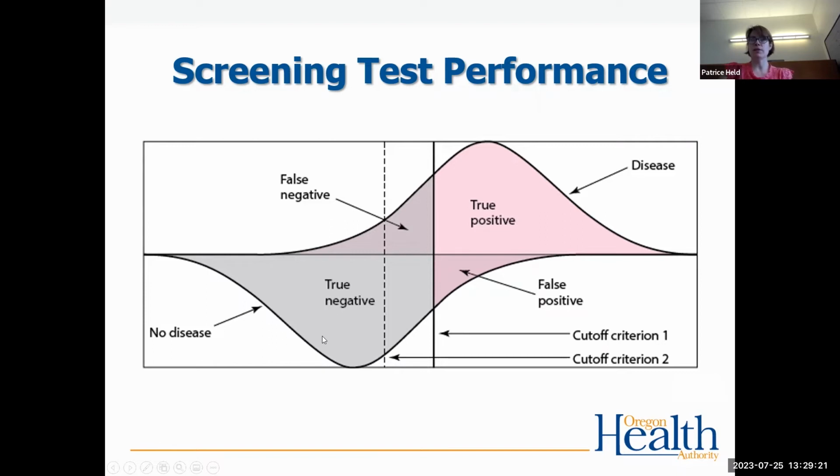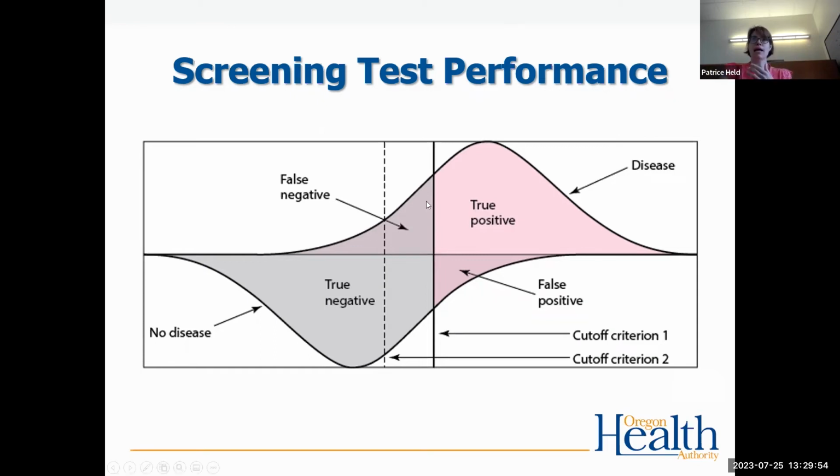The same is true for the affected population. Those with the disease will have a range of concentrations. In a perfect world, these two distributions would be completely separate, but that's pretty much never the case. So we find the two populations overlapping.